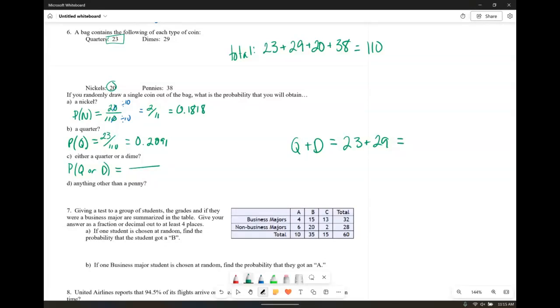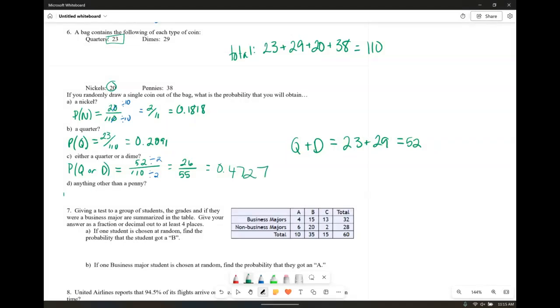So what's that give me? 52. So I have 52 desired outcomes out of 110. All right, we can reduce this guy. Let's see, we can divide by 2 and get 26 out of 55, or I can answer that as a decimal.